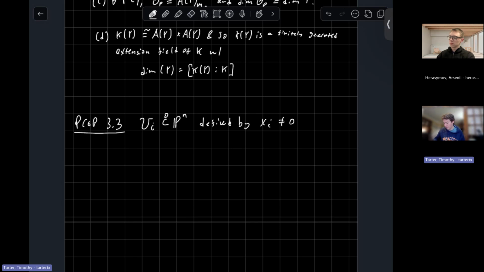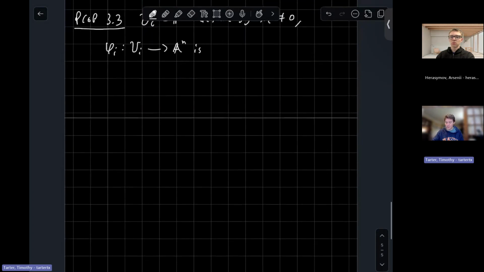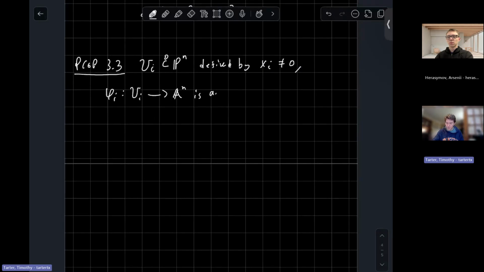If you recall from a few lectures ago, we were talking about that. Might have been last lecture. Basically, phi_i from U_i to A^n is not only a homeomorphism, but it actually is an isomorphism of varieties.